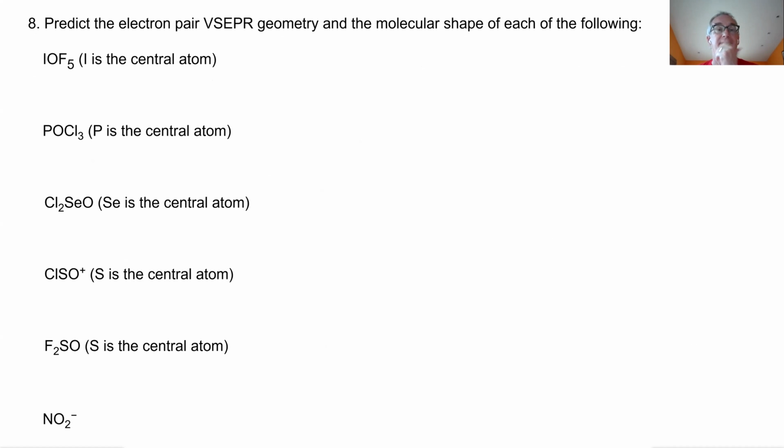I mean, the question doesn't say you have to draw it, but you probably should, because there's really no other way to figure out how the electrons are arranged unless you actually draw the structure. So I would definitely draw the structure, unless you can imagine these things in your head. That's kind of hard to do.